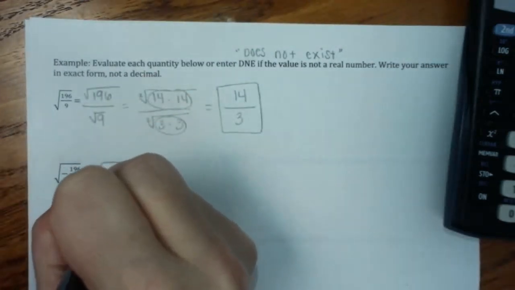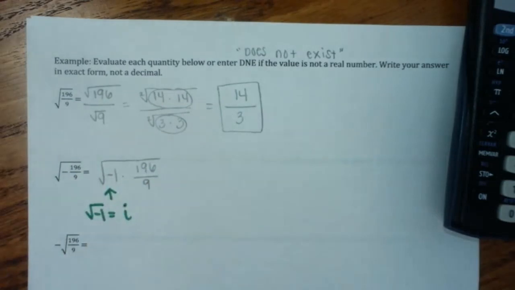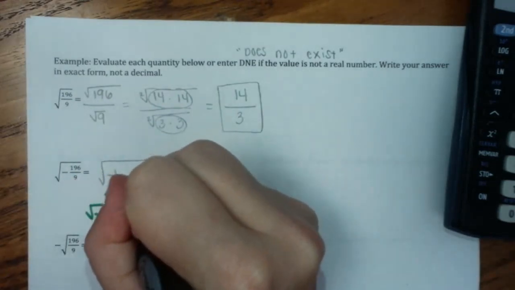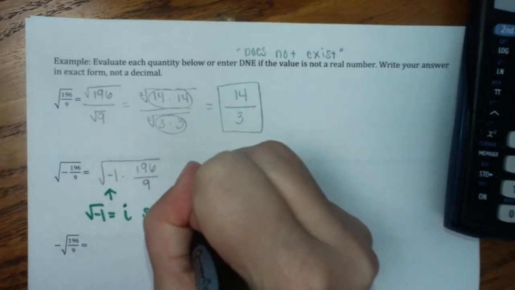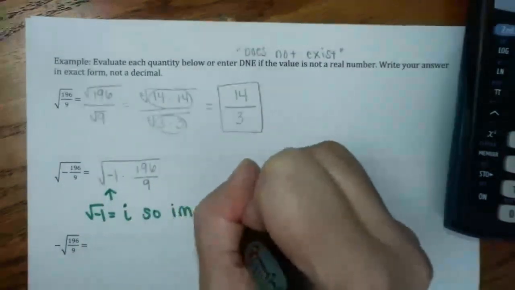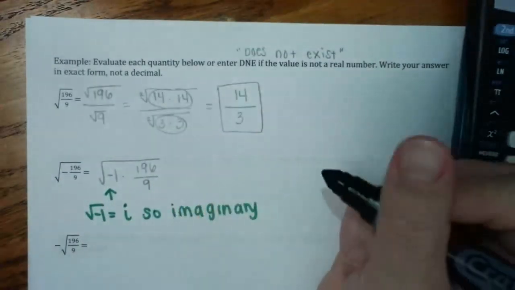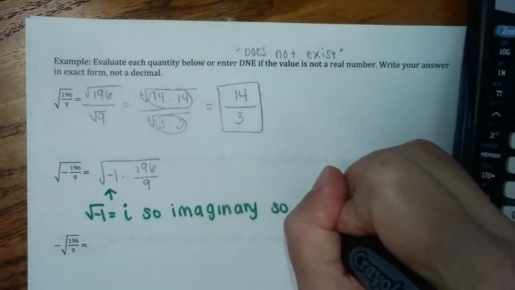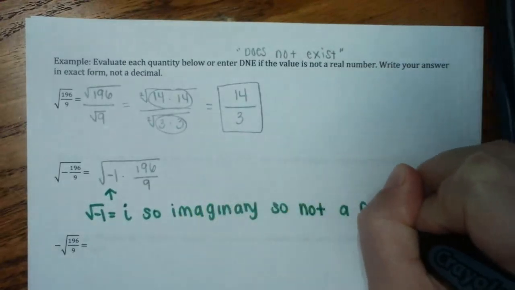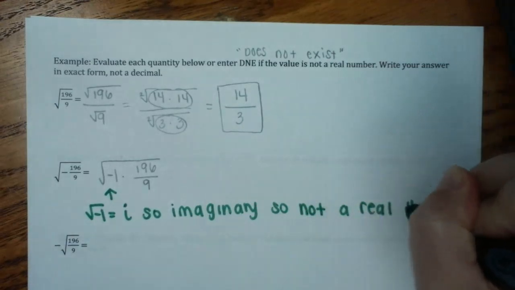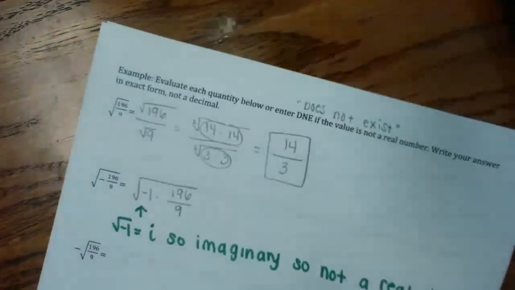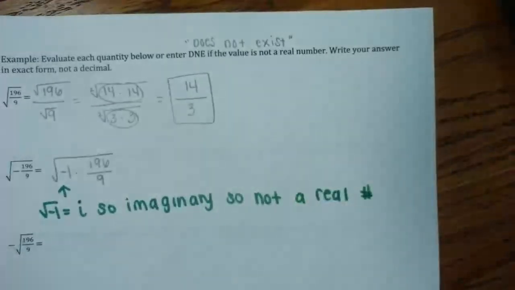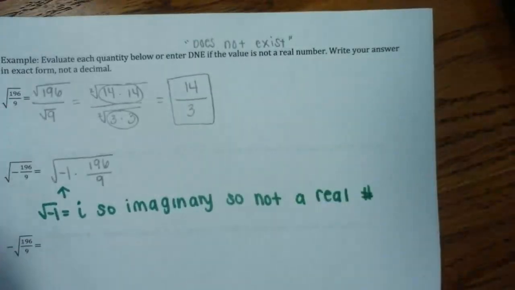So the square root of negative 1 is going to give us i, which is imaginary. So not a real number. If it's not a real number, write DNE. So our answer is going to be DNE.